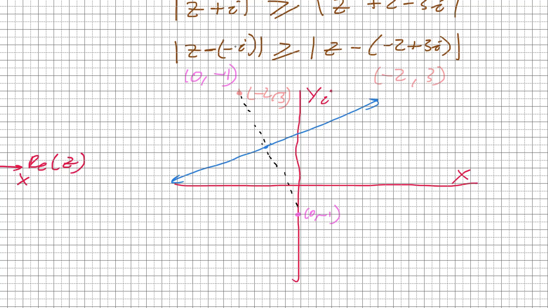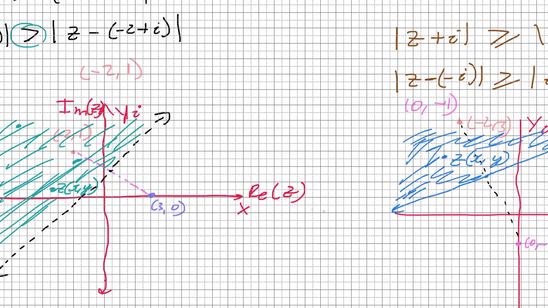This says that our distance to this point must be bigger than our distance to this point. So we must always be further away from this point down here, that's our (0, -1) point, which means we're on this side. So our z of xy can be any point on this line or this upper region from the line.